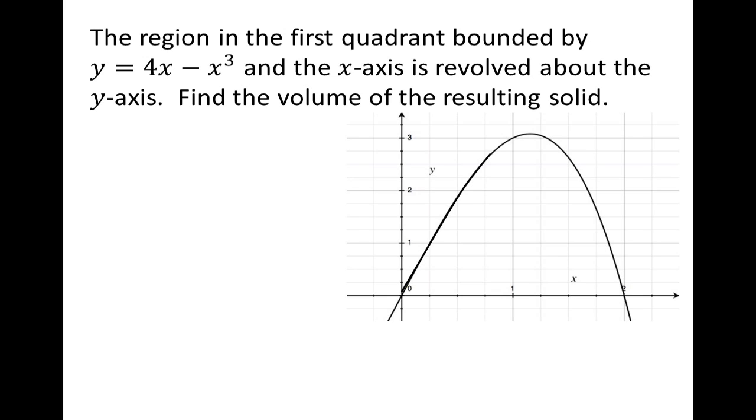Now, if I really wanted to do this by the disc and washer method, since I'm revolving about the y-axis, I would have to find an equation for this part of the curve and find the volume generated by revolving just that portion. That would also require we figure out what the maximum value is.